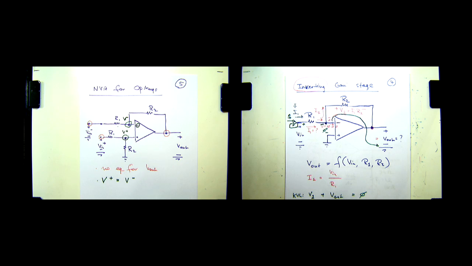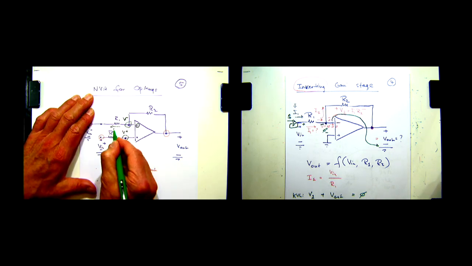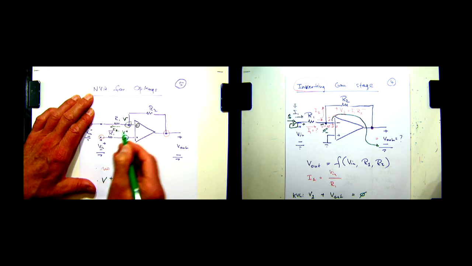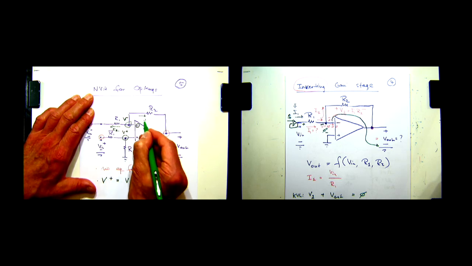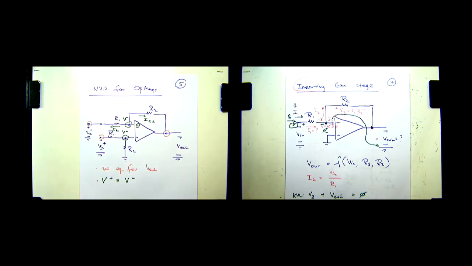Who has got the KCL equation? Yes. Okay. All right, perfect. So IR1 is equal to IR2 plus 0, yes.